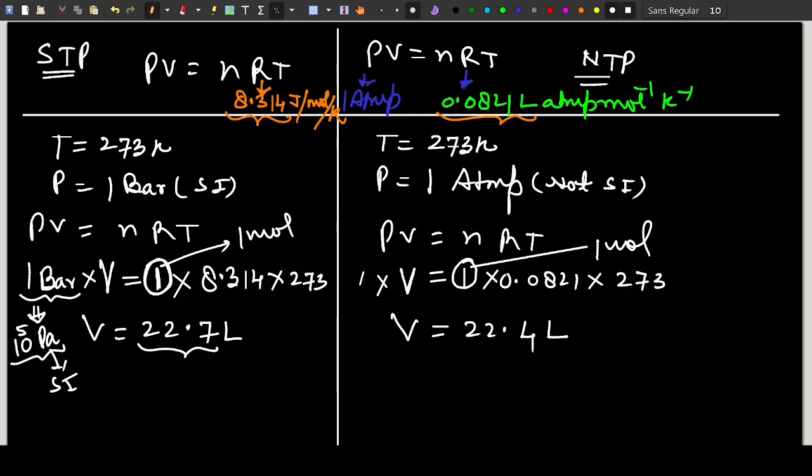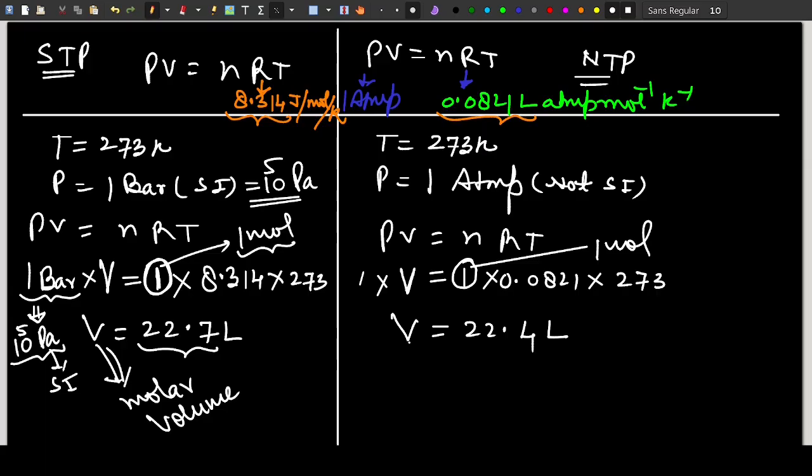Now friends, this was 1 mole, so this volume is called molar volume. Here this was 1 mole, so this volume is called molar volume.